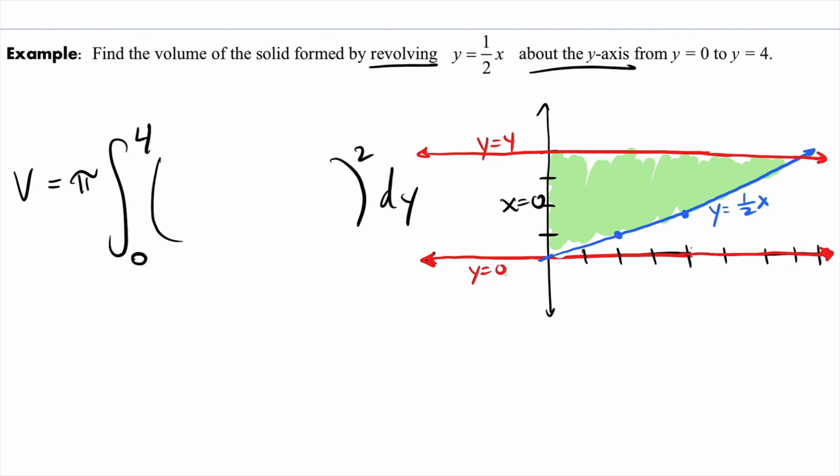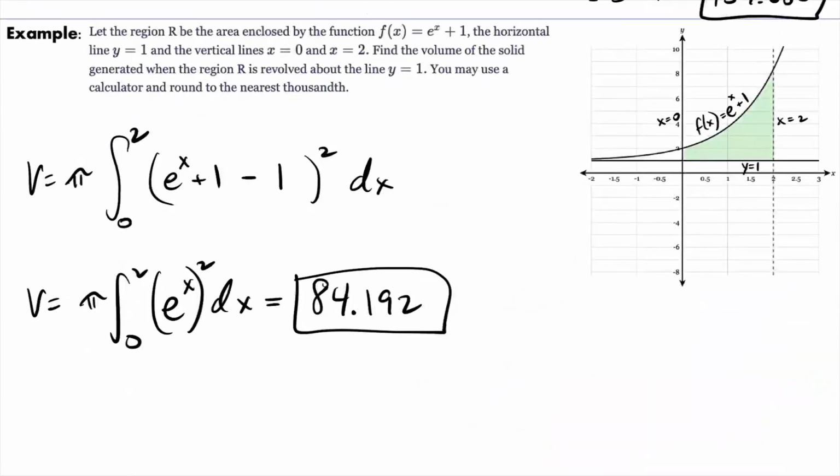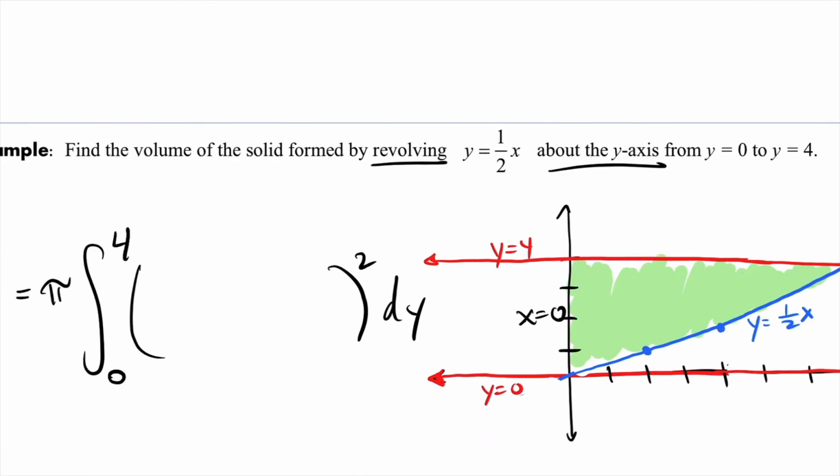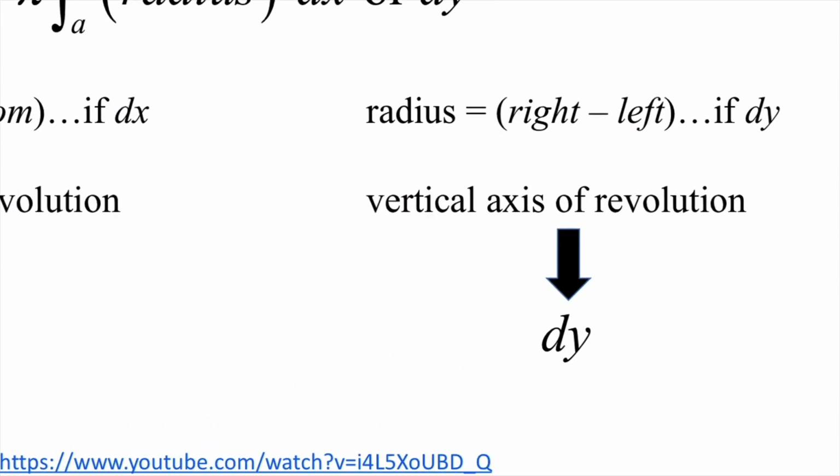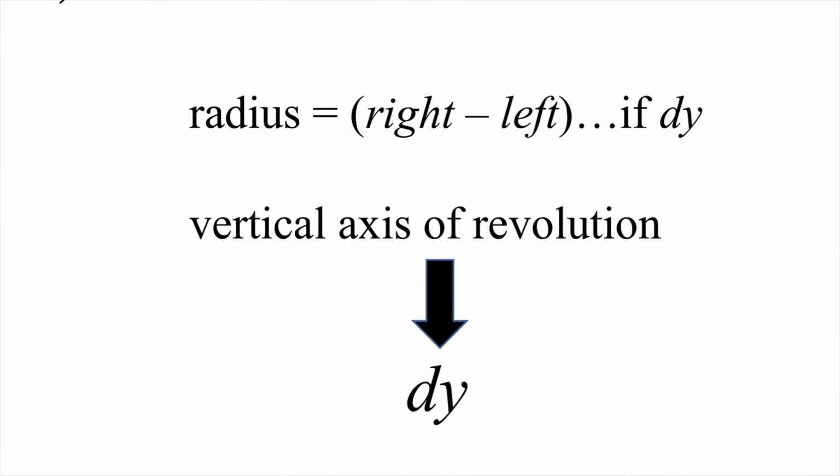Okay, the last part. Radius. This part was in the notes. For dy, this part was actually in the notes here. We go right to left. Right minus left.